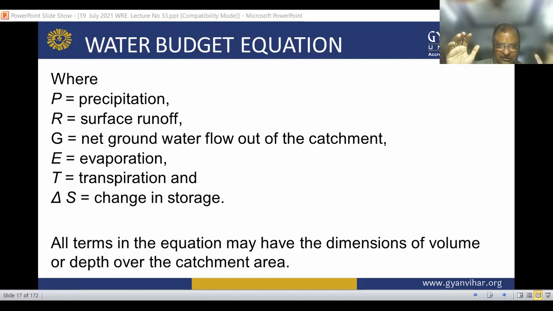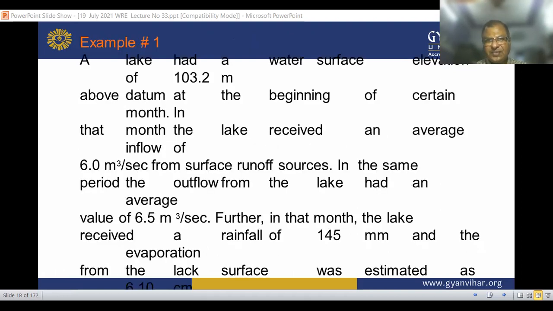All terms in the equation may have the dimensions of volume or depth over the catchment area.